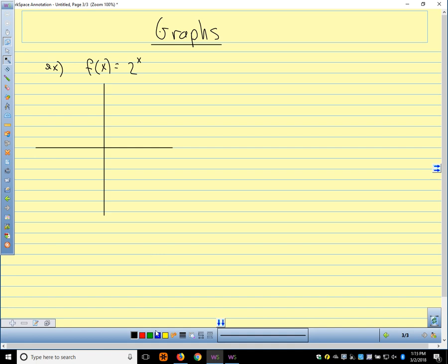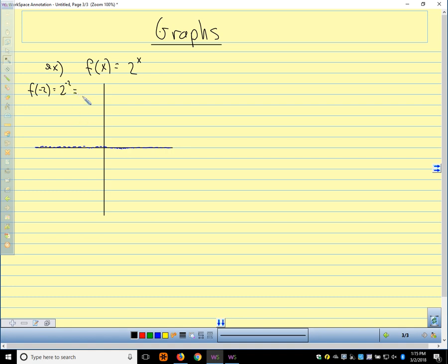Well, we know that it's going to have a horizontal asymptote at y equals 0. And we're just going to plug in some points. So f of negative 2 is 2 to the negative 2.